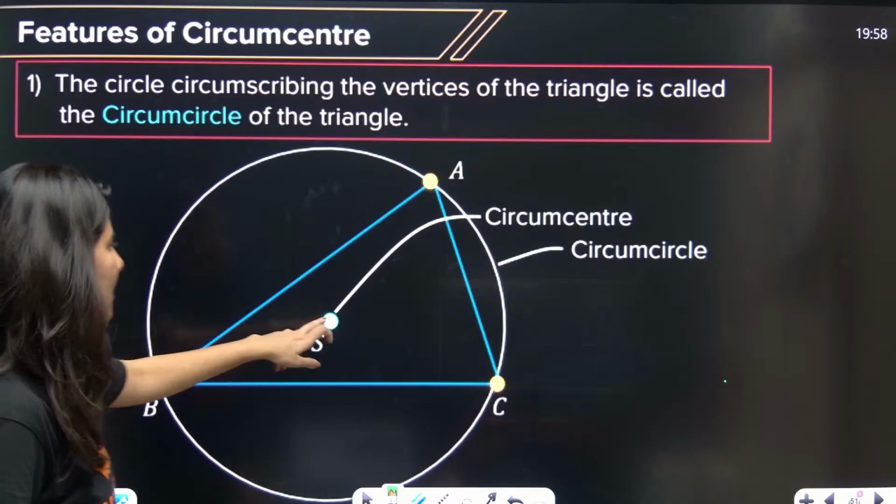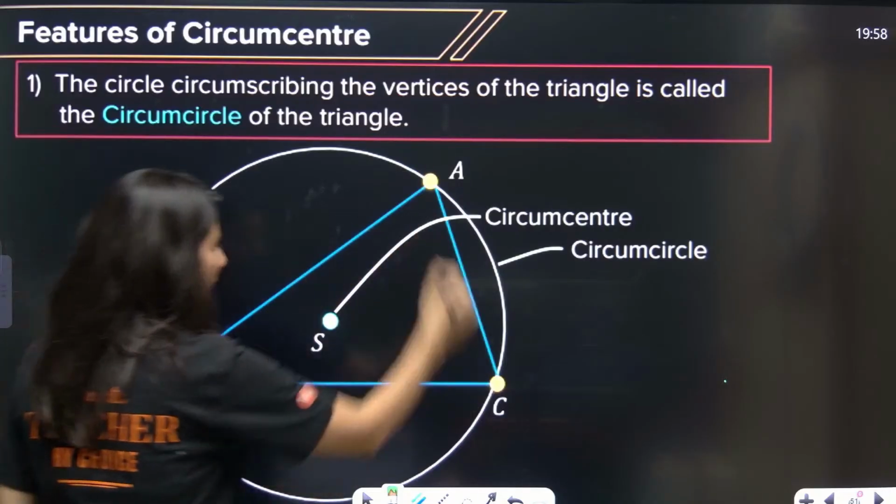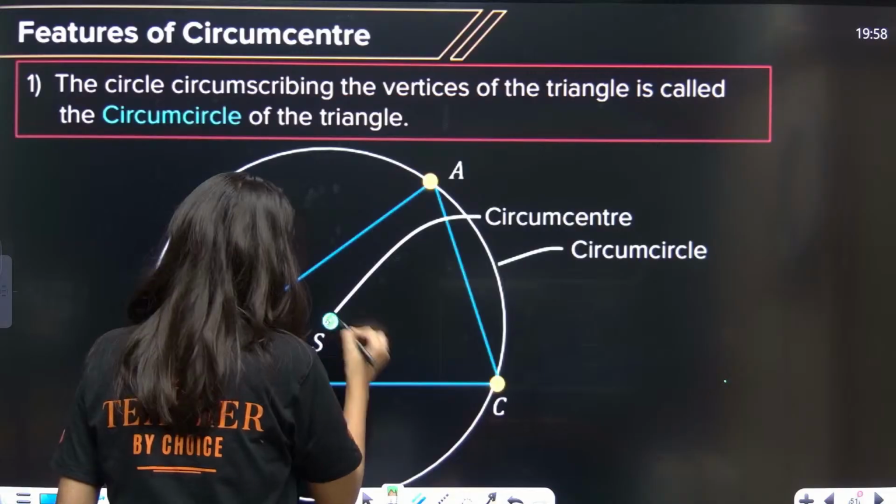First of all, this is your circumcenter. This is your triangle and you have located the circumcenter as well.